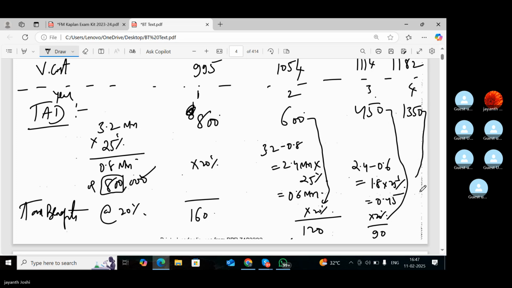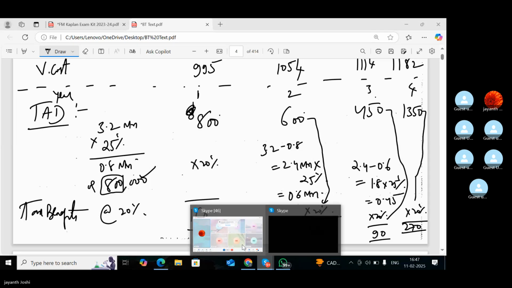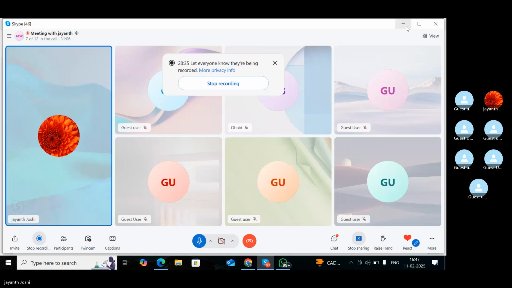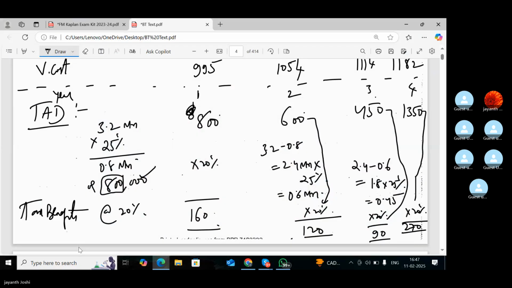And this, 1350 into 20%, 270. So these are the tax benefits. Please make a note of this. We'll move forward. Is everyone following? Yes, sir.